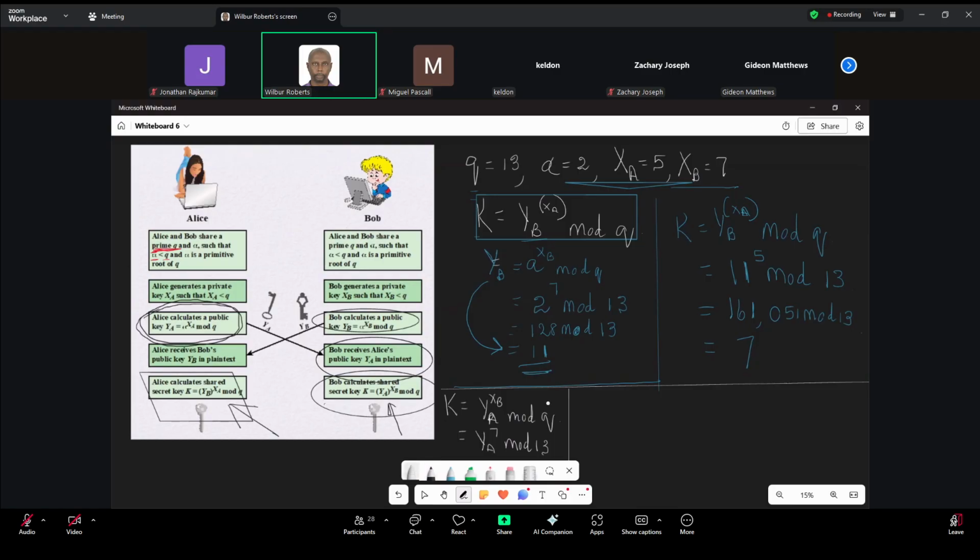So, YA is equal to alpha to the XA mod Q, right?